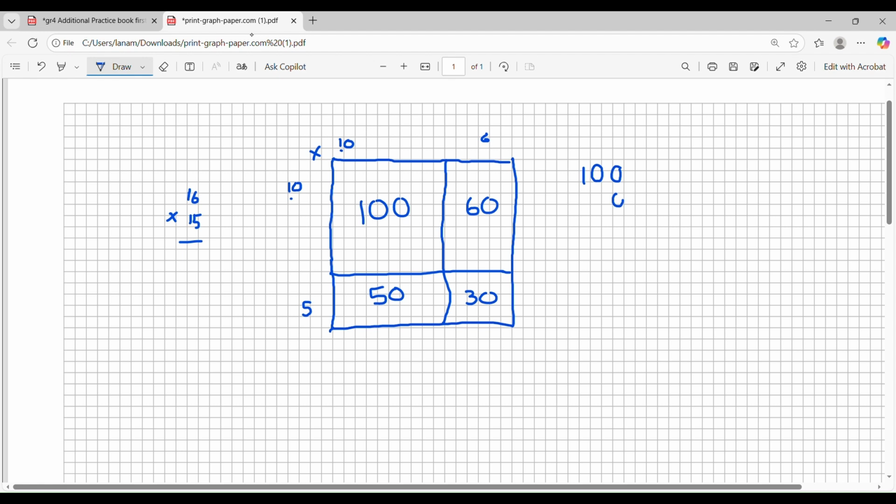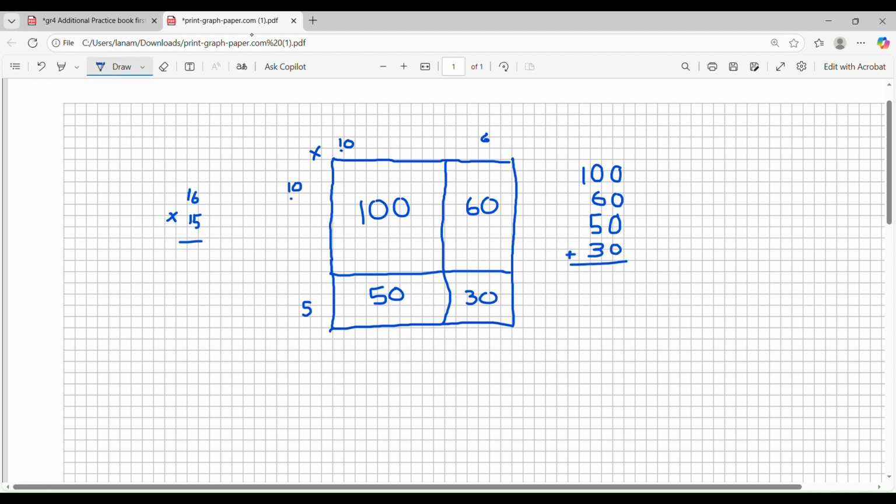I'll put the 0 exactly under the first ones, and then the 6. The same for 50. Make sure that you have the ones under each other, and then we have the 30. I will add these together.